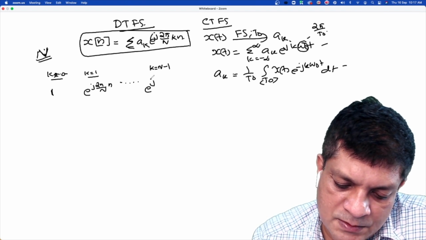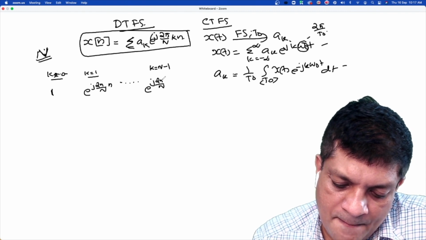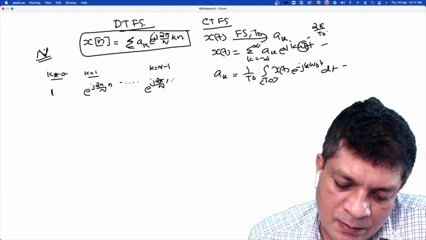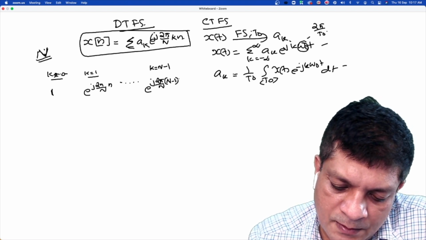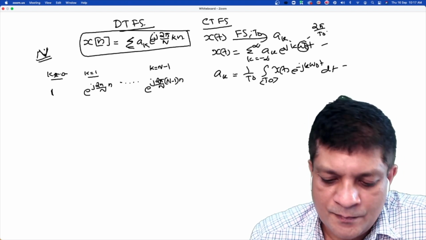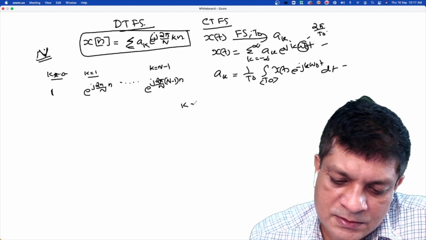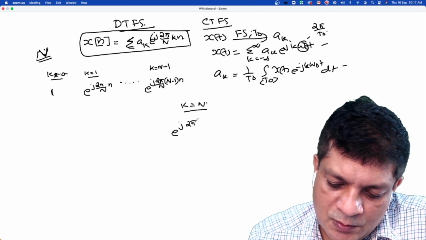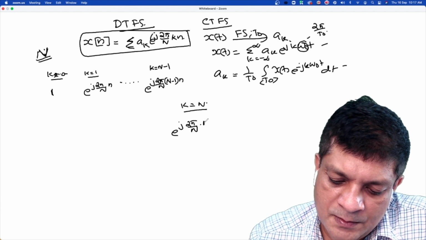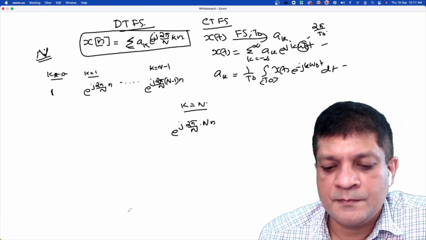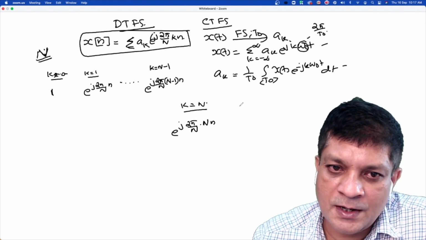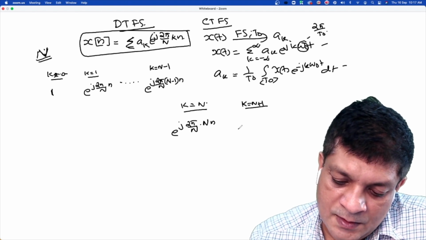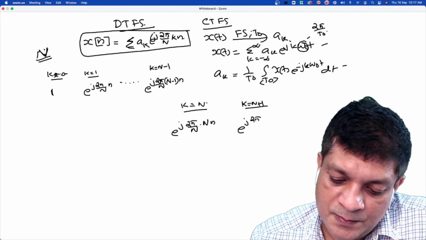Is it e to the power j 2 pi by N into (N minus 1) n? Now what is the value when k is N? Is it e to the power j 2 pi by N into N into n? And for k is N plus 1, is it e to the power j 2 pi by N into (N plus 1) n?